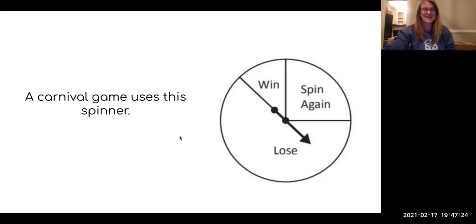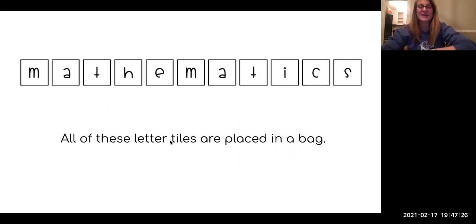Okay, let's look at our next example. Here we have a bunch of letter tiles. If all of these tiles are placed in the bag, let's think about our possible outcomes. Okay, so imagine all of these tiles are placed in a bag.